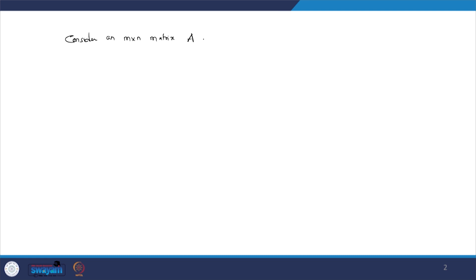capital A, which I can write as A_ij over capital F. Let row 1, row 2, row m of capital A be defined as, say, alpha 1, alpha 2 and alpha m respectively.